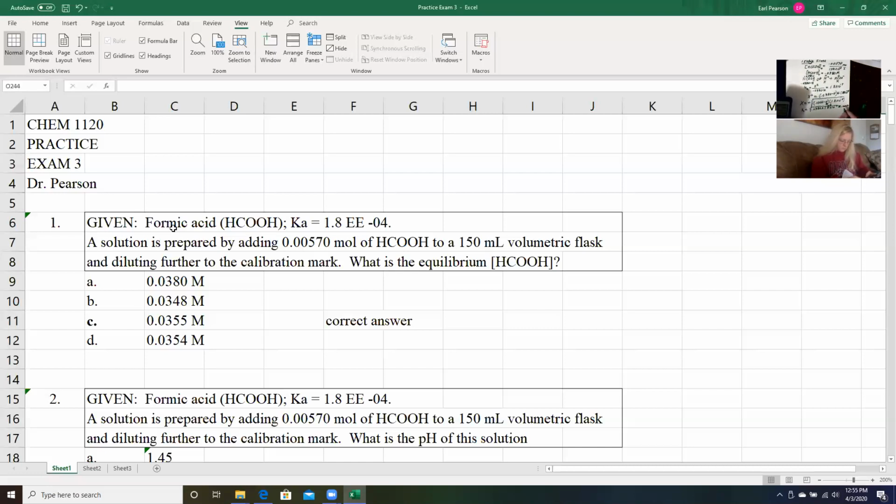So now what I'm going to do is take this answer and put it back in up here and do it all over again. My second approximation then is going to be the square root of 0.0380 minus my answer, that's still on my screen, times 1.8 times 10 negative 4, and I need to take the square root of that.